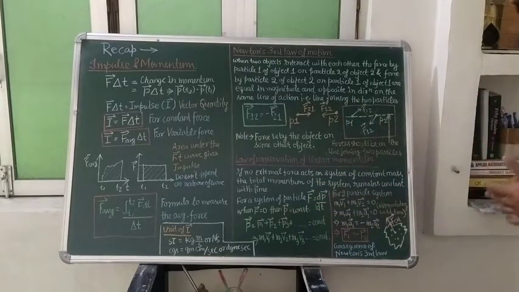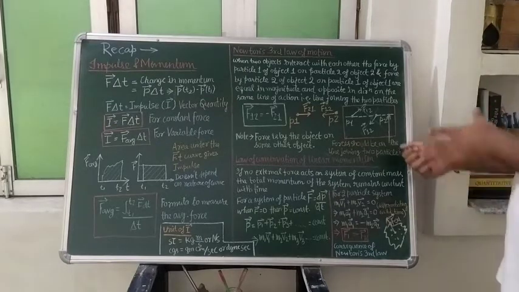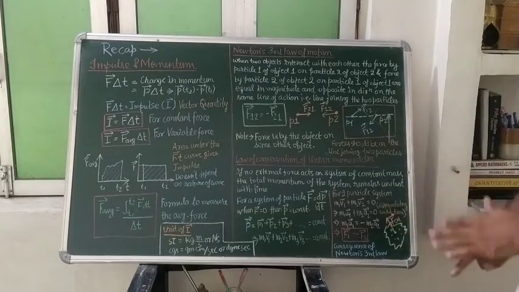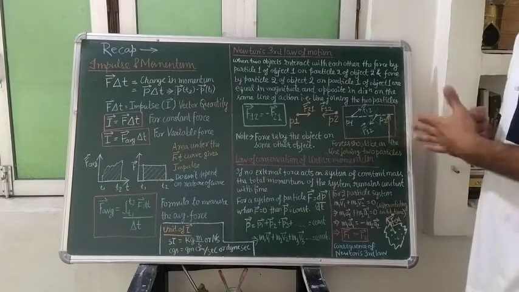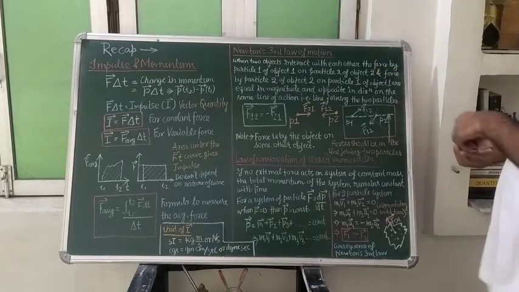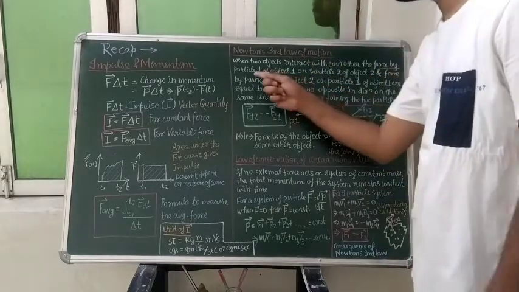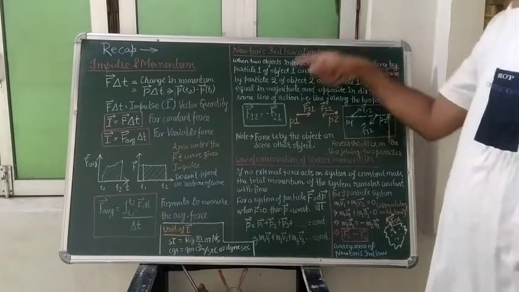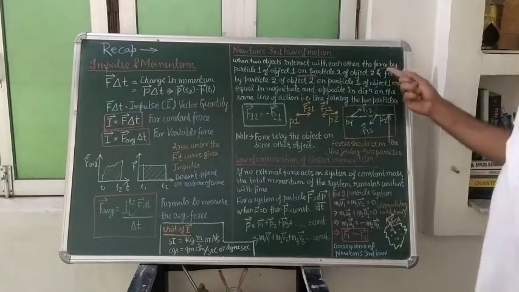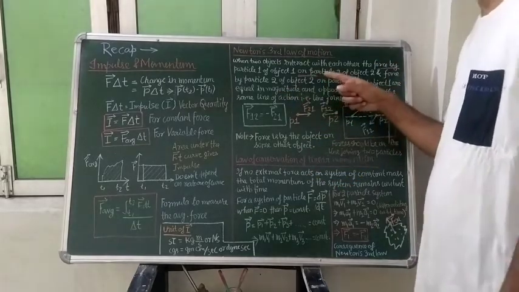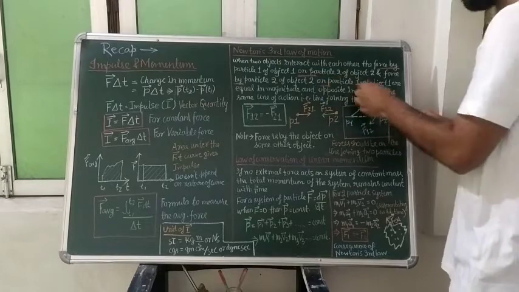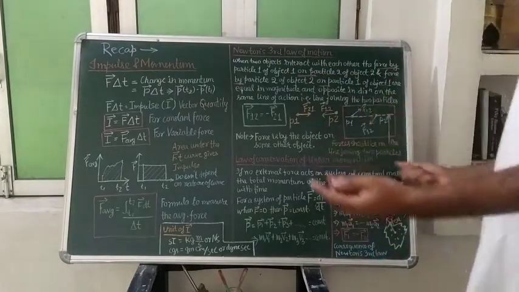Then we talked about Newton's third law of motion. It is very important to define it correctly, and I have told you this statement to keep in your mind: when two objects interact with each other, the force by particle 1 of object 1 on particle 2 of object 2, and the force by particle 2 of object 2 on particle 1 of object 1, are equal in magnitude but opposite in direction.